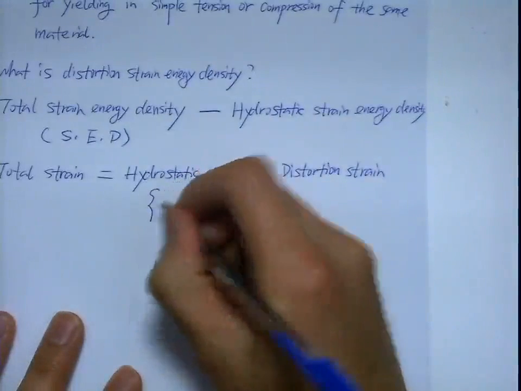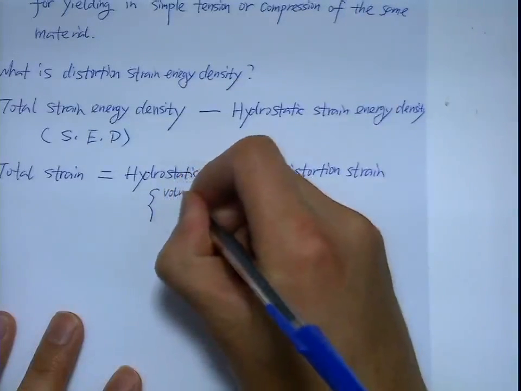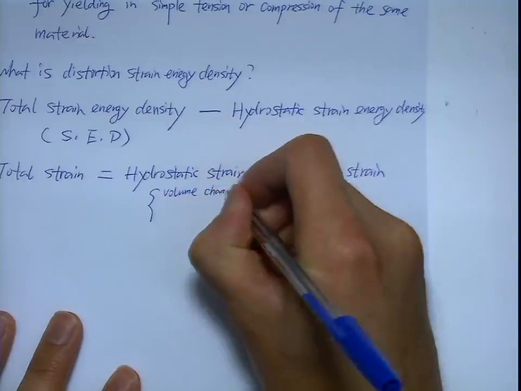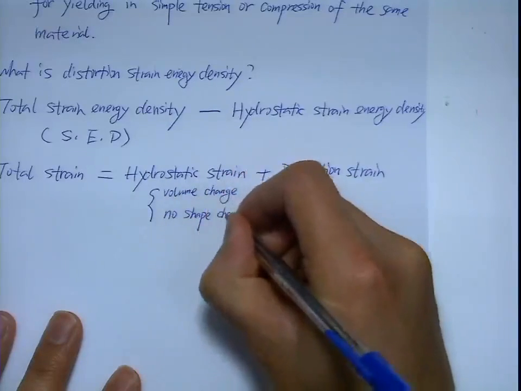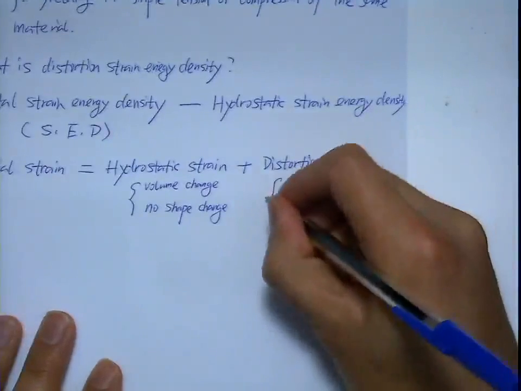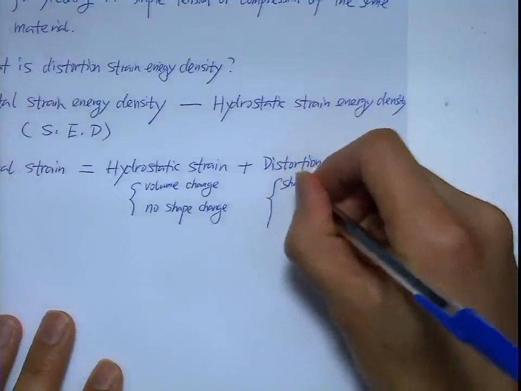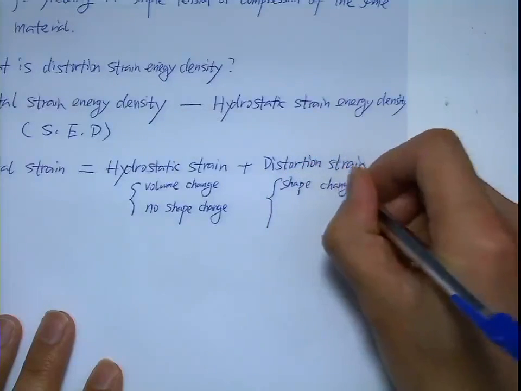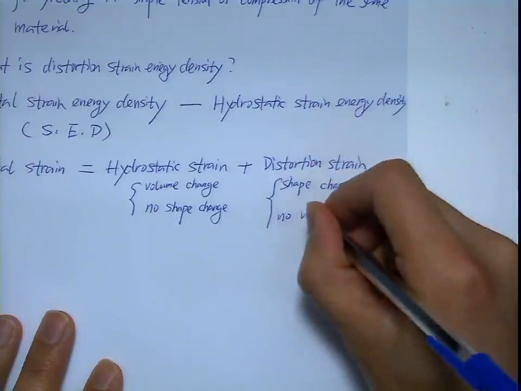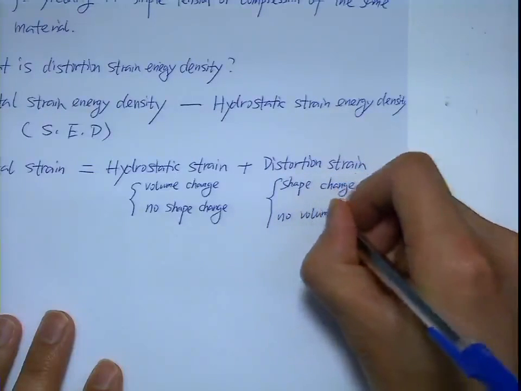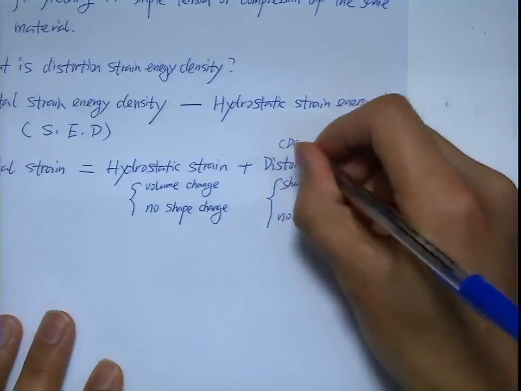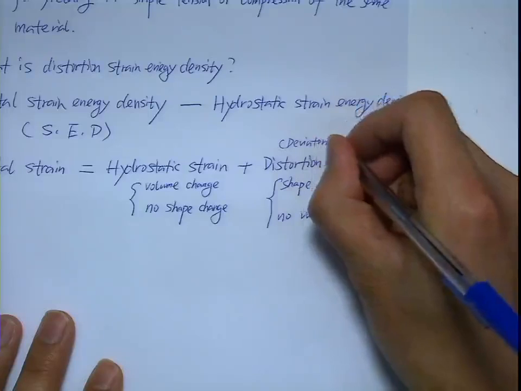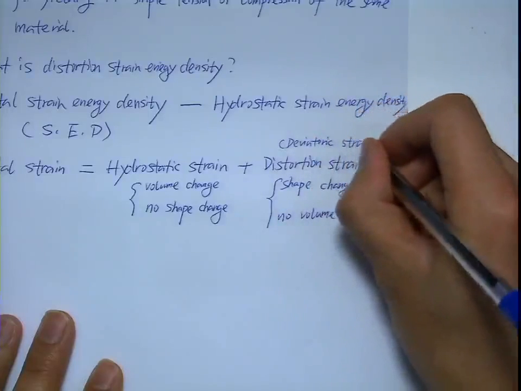So there is volume change here, but no shape change. Distortional strain: shape change, and no volume change. This is more like the deviatoric strain. So I think it's the same meaning.